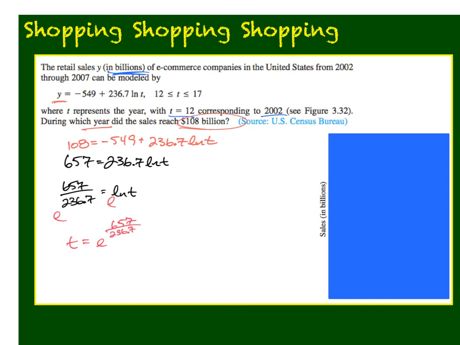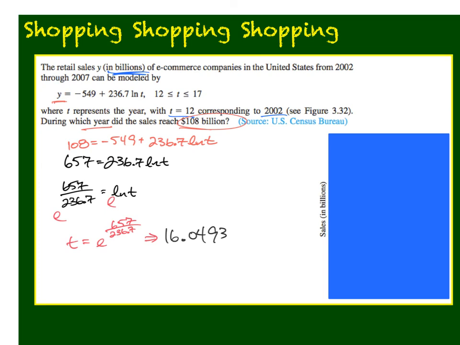I have no idea what number that is, so we need a calculator. Jacob's going to give me the answer. 16.0493.